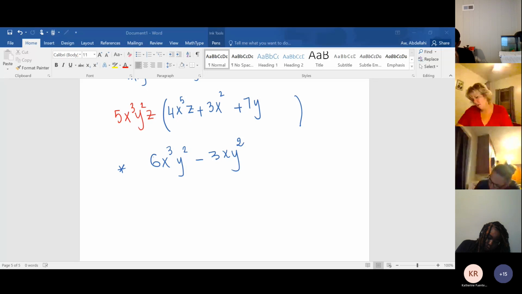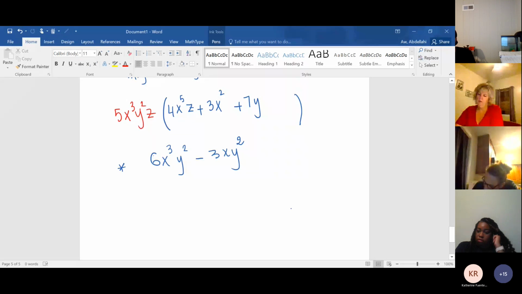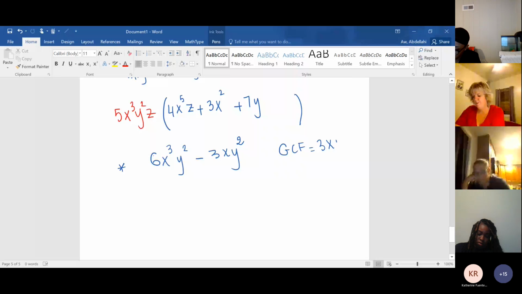How much is the GCF here? 3 for the numbers. How about the variables? 3x to the second power, and y to the second power, right? Everybody agree with that? So we put the GCF up here, 3x y to the second power.